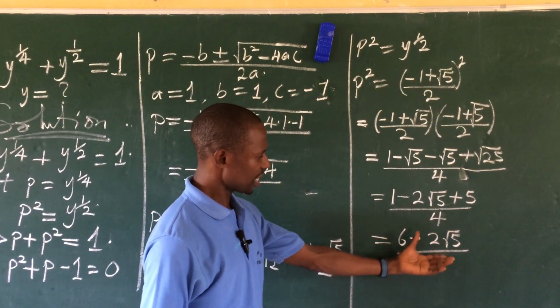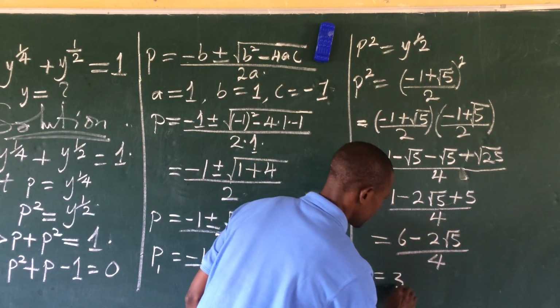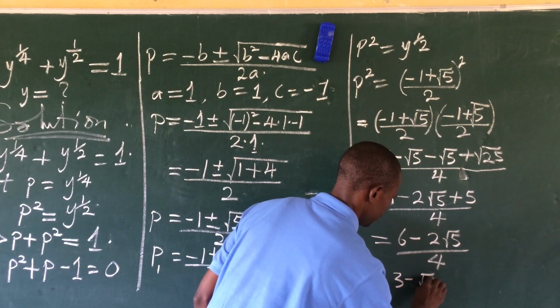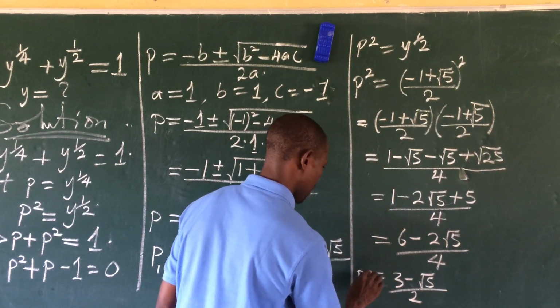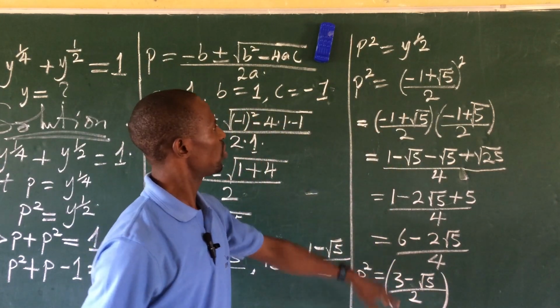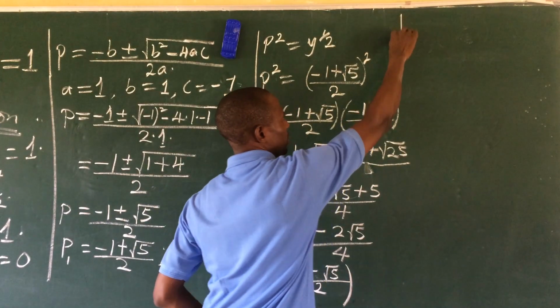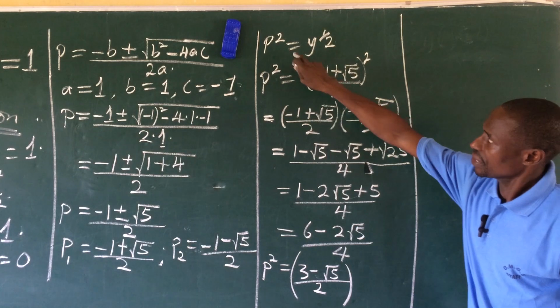From here, if we factorize 2 out, we are left with (3 - √5) all over 2. So this is our p squared. Now that we've gotten the value of p squared, let's continue on this side again.